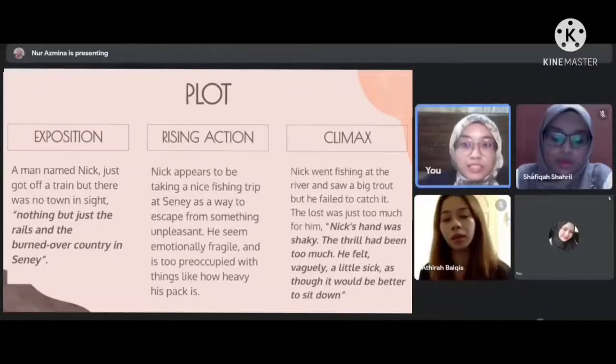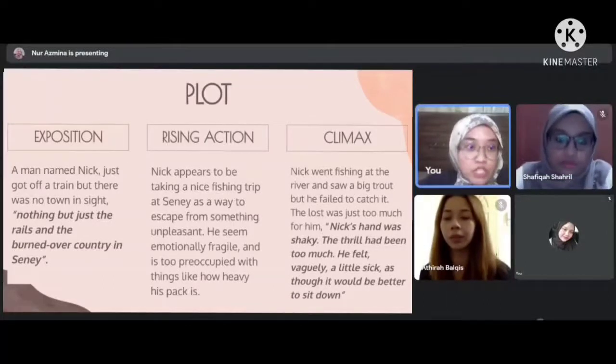The author wrote this to explain that the discomfort of his back is a way for him to distract himself from his previous memories of World War One. He then continues with his journey to the fishing spot.